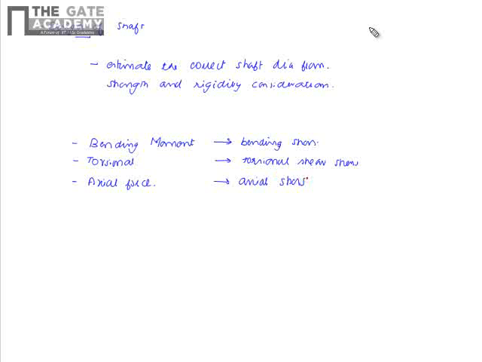So how to design the shaft to withstand the 3 types of load? Basically the bending load, torsion load and the axial load. So first we will see about the bending load.